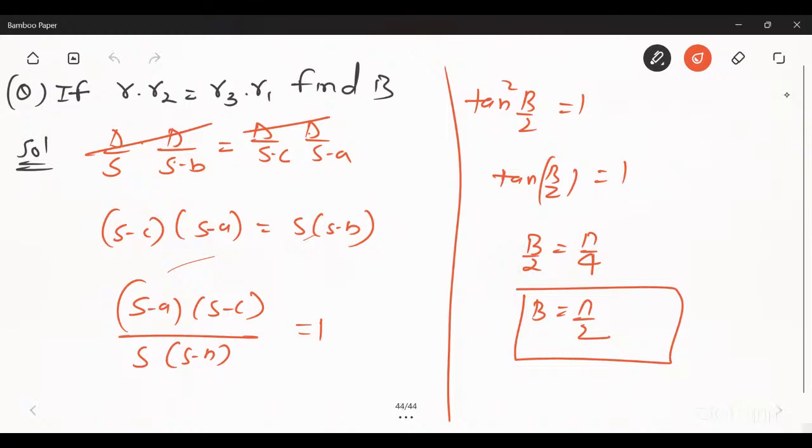Now next is, find the value of r into r1 into r2 into r3.